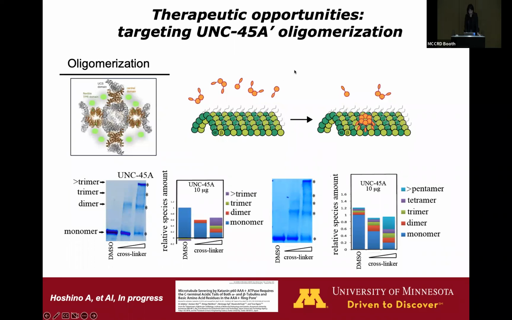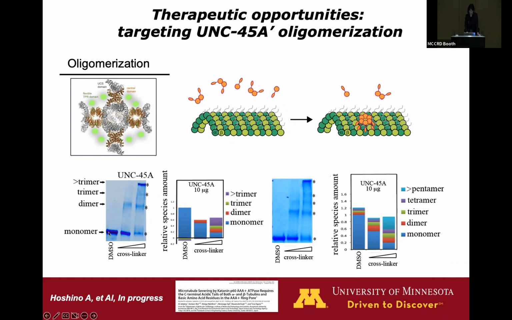In fact, the worm isoform of ANC45 forms dodecamers. That's what you're looking at here. So we preliminarily looked at whether or not recombinant ANC45 forms oligomers.